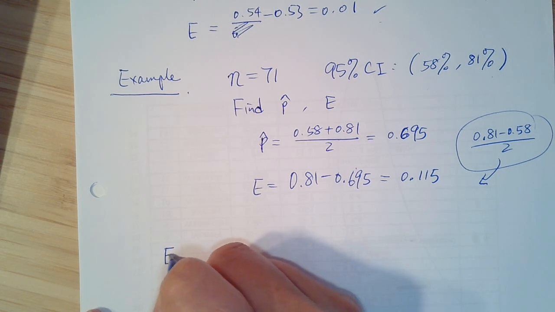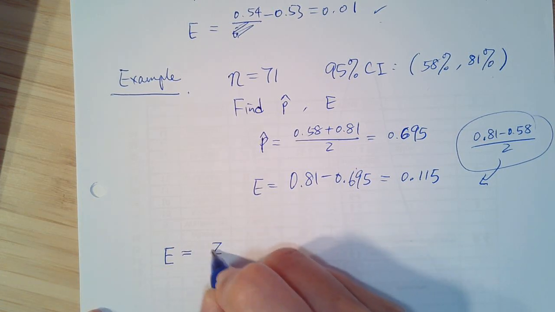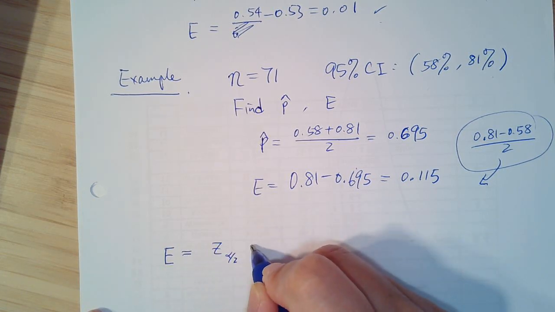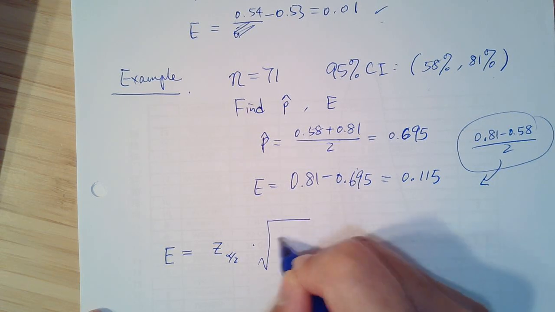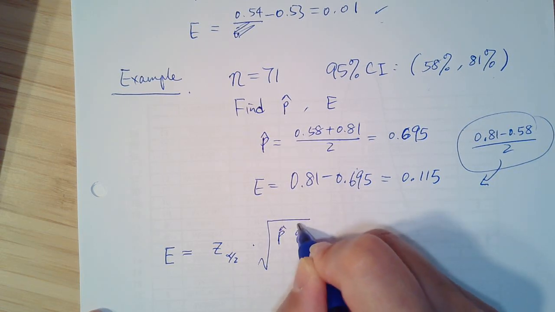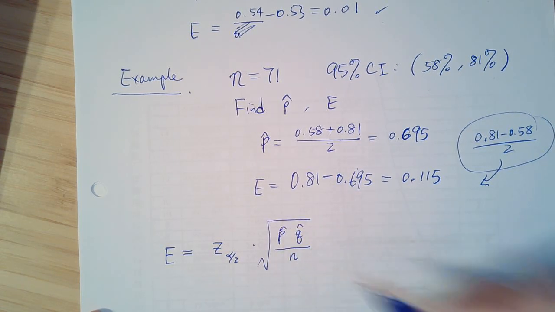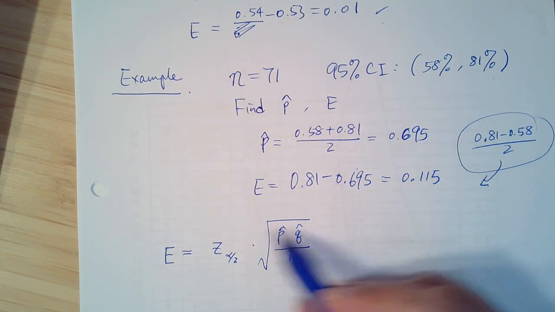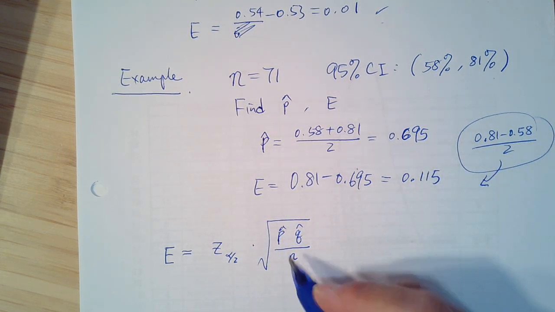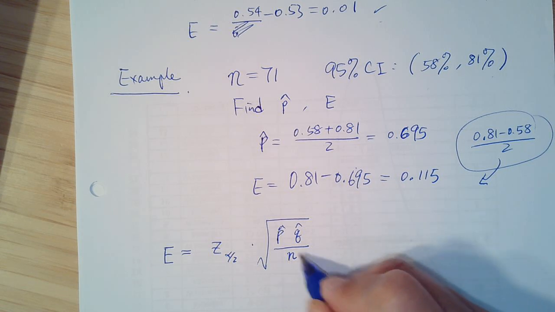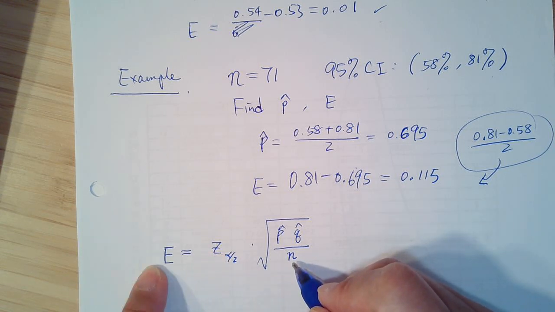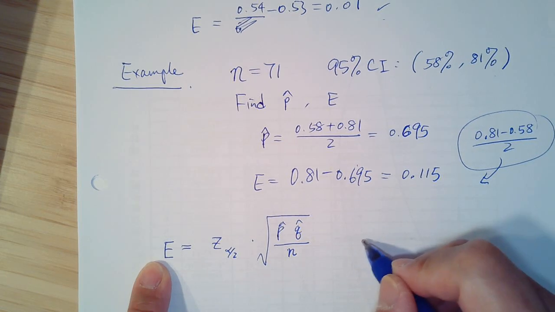Let's look at this formula. E equals z alpha over 2 times the square root of p hat q hat over n. All right. Now we have this equation. Can you solve this to find n? First thing, you divide both sides by z alpha over 2.